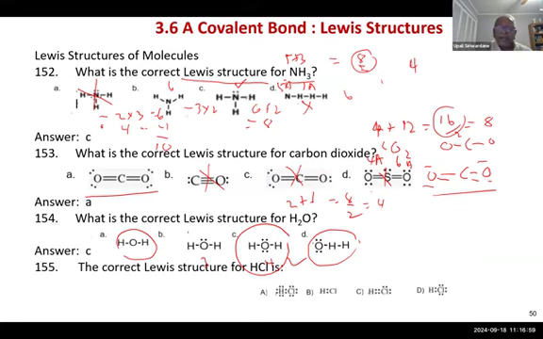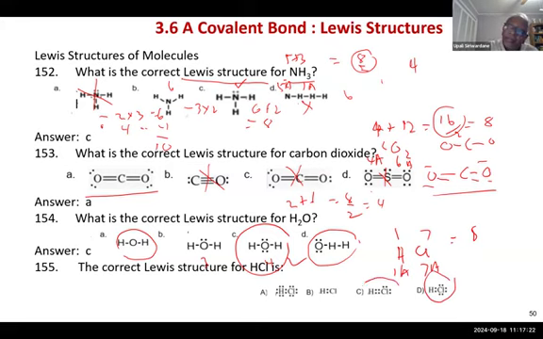What is the correct Lewis structure for HCl? HCl has 1A, 1 electron, 7A, 7 electrons, total of 8 electrons. This is the correct answer.